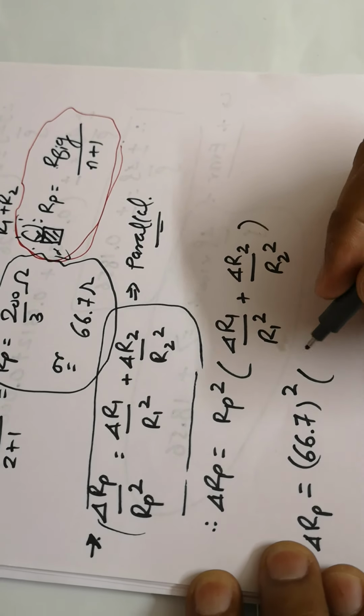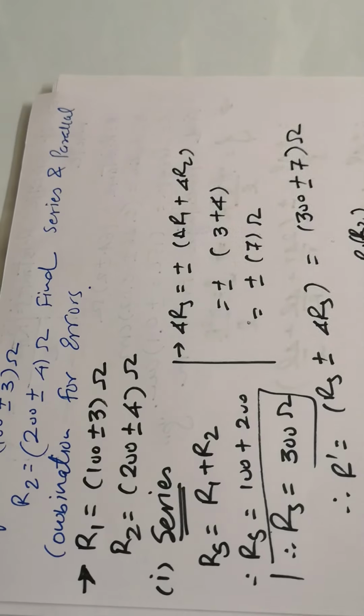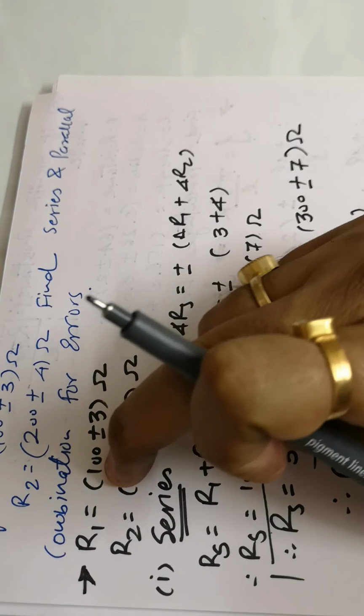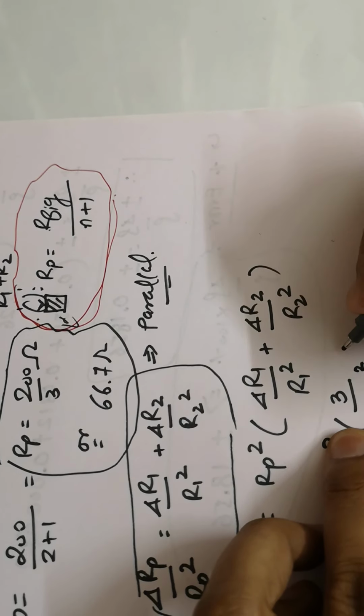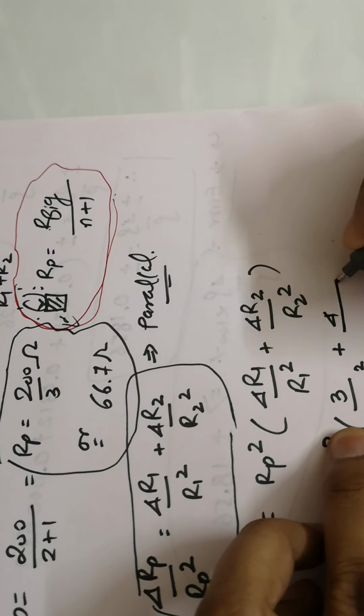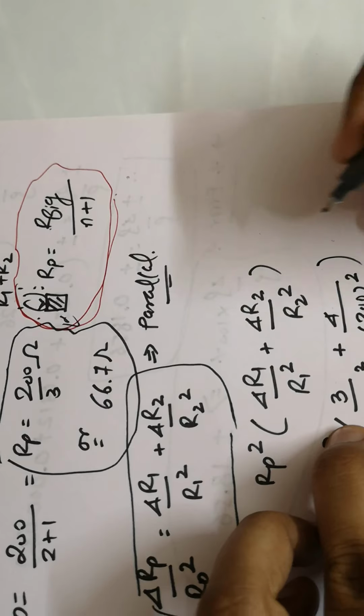Delta R1 we have is 3, and R1 is 100, and its square would be 10 to the power 4. Delta R2 is 4 and R2's value is 200 square.